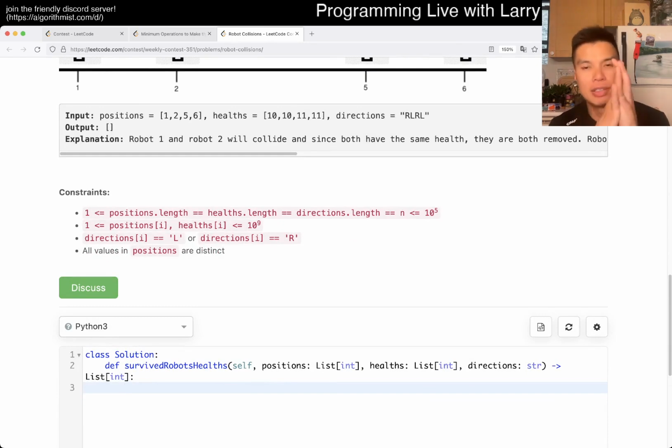Alright, how do I want to model this? I mean, it's just simulation. I just have to figure out how to model. So you have the events, and every time something crashes... I mean, there's only at most n events, and you just keep a heap, right?